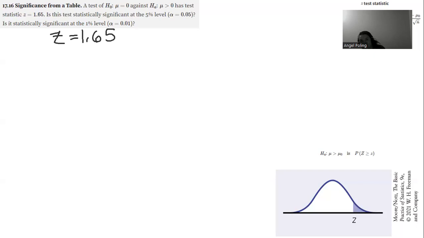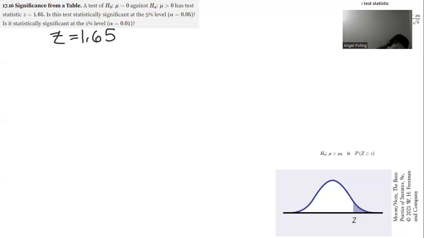And you can look at the critical z-scores, or you can look at p-values, right?